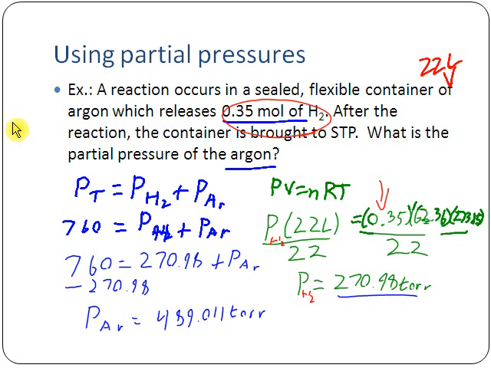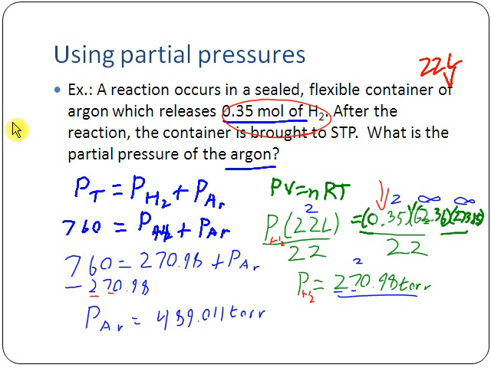Significant figure-wise, taking a look back over to what we did on the right side, the 22 liters has 2 sig figs, the 0.35 has 2 sig figs, 62.36 is infinite, and so is the 273.15 because that's at STP. So that means that our 270.989 should have 2 sig figs, so the 2 and the 7 are the significant figures here, and the 270 should be rounded to the 10 spot.